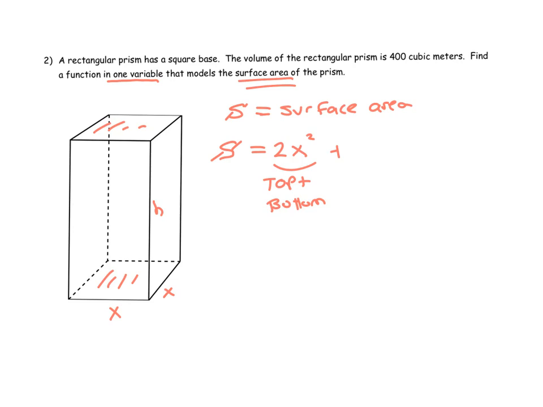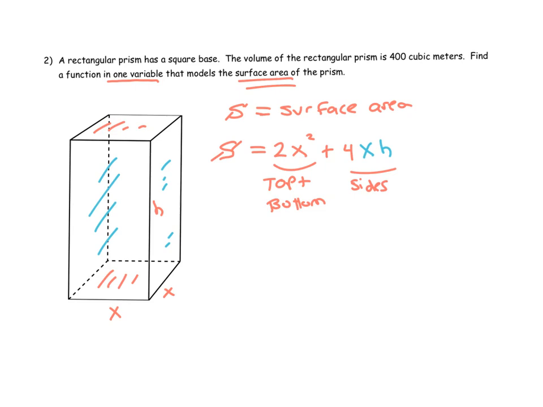Plus the area of the sides. And there are 4 sides, and each side has area x times h, because it's just 4 rectangles. So plus 4xh. And again, that is the sides. Okay, so that's the surface area.